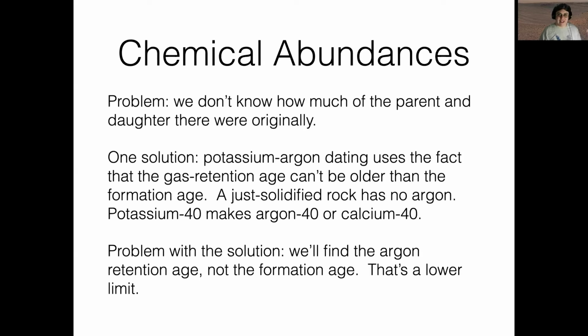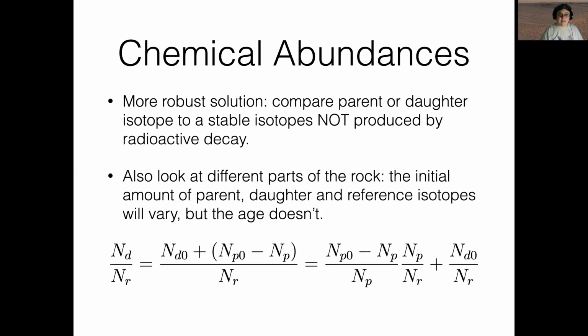There's that gas retention age thing I told you about, that we'll find a minimum age for the rock, but the rock could be older if some of the argon got out. And sometimes that's useful. Sometimes knowing this rock is at least so many billion years old is pretty handy. So we'll go through how to solve that problem in a class.